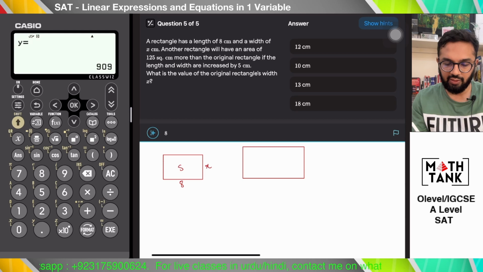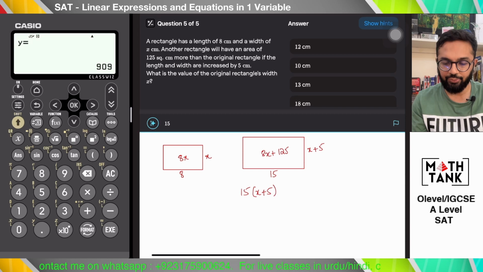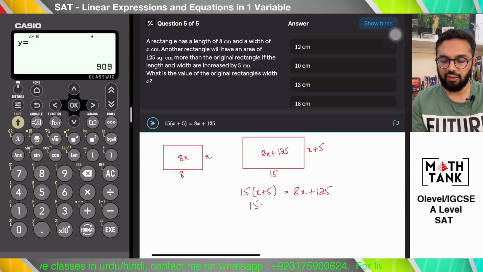So the previous area was 8x. The new area is 8x plus 125 if the length and width are both increased by 5. So I can say that 13 into x plus 5, the length into the width, should equal the area. So 15x plus 75 equals 8x plus 125.